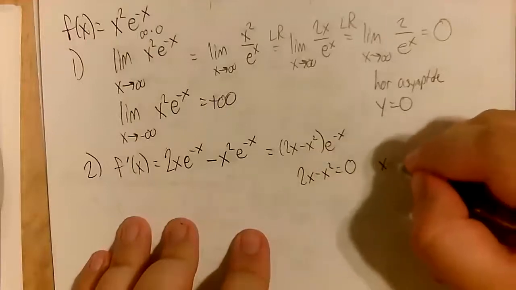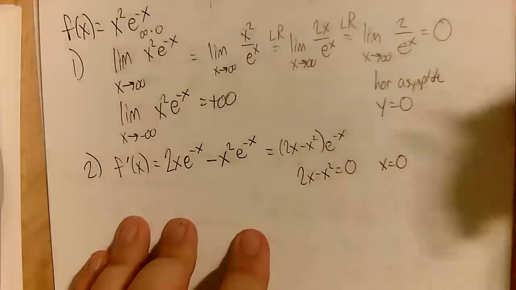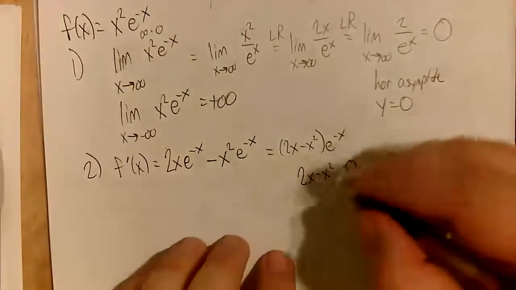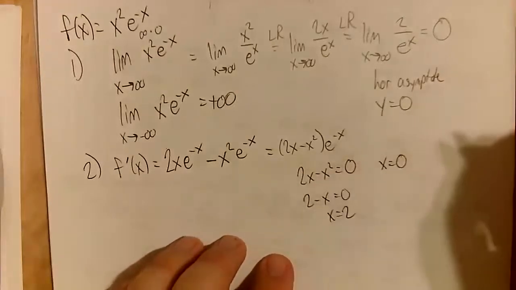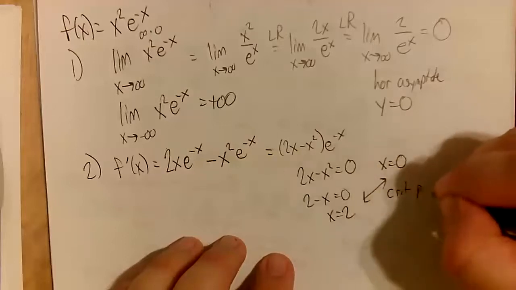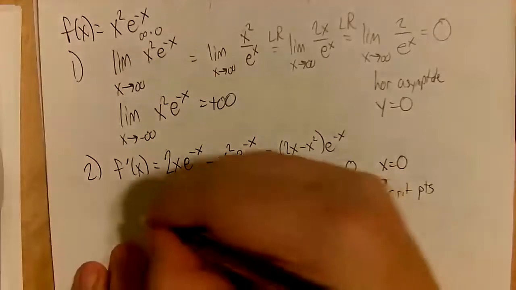Well, one clear solution to this is x equals 0. So if I put 0 in for both of these, I'm going to get 0. Then if I divide both sides by x, I have 2 minus x is 0, so x equals 2. So these right here, these are my critical points at 0 and 2.